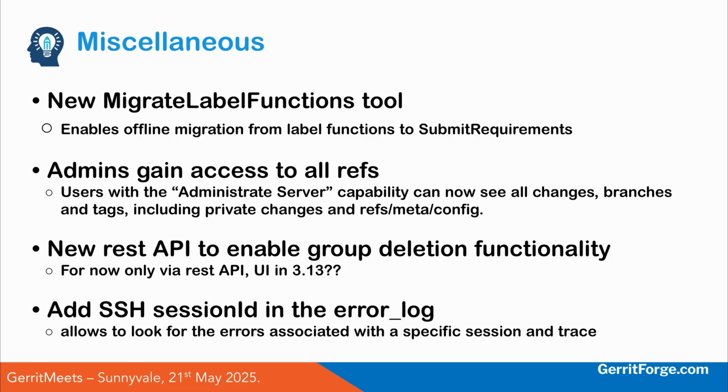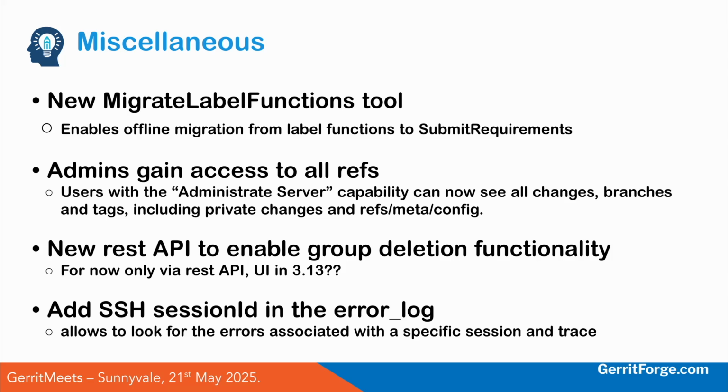And then finally, what I was talking about earlier, we've added the SSH session ID in the error log. And I love this. You know how the SSH log is extremely helpful because you've got the session ID, and so you can see when someone logged in, the command that was run, and then the log out. But then you would have to do timestamp matching onto the error log to see what error is associated to that session.